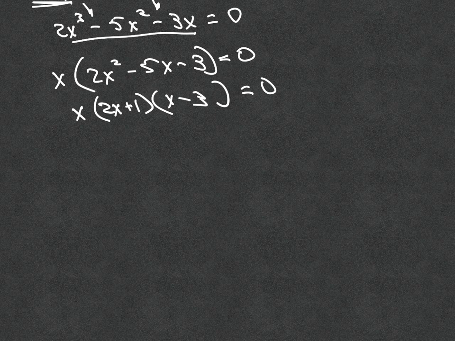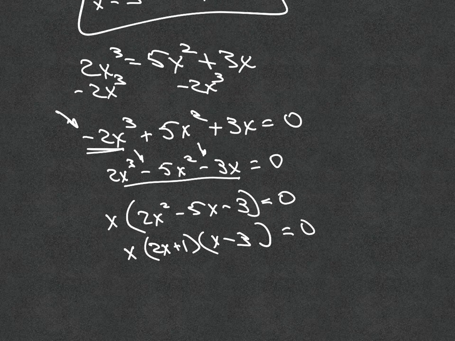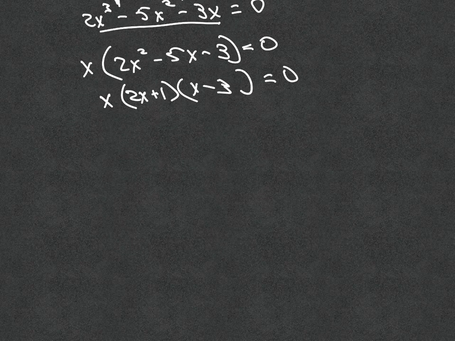Let me say this before I continue on. In our original equation, notice we have an x cubed. That means I'm going to have 3 answers when I'm done because of that x cubed. So just remember that.